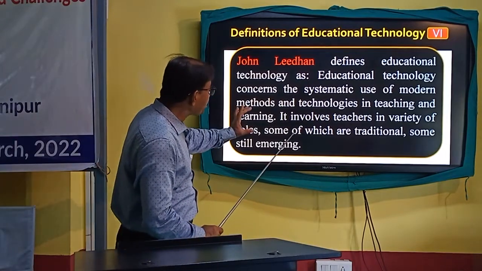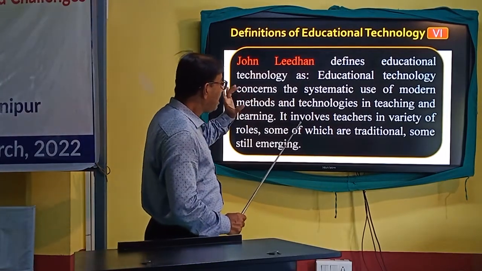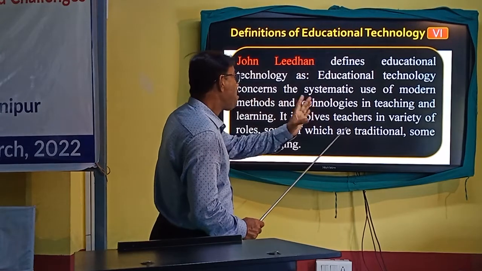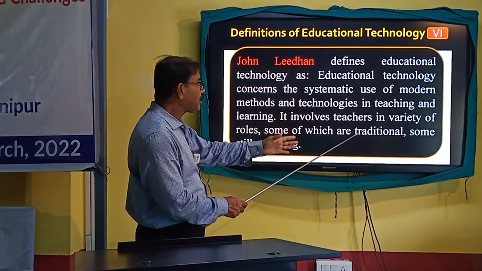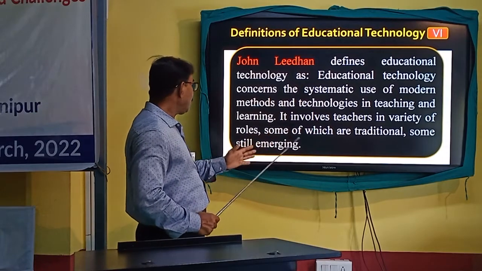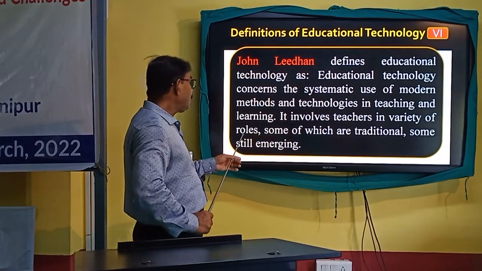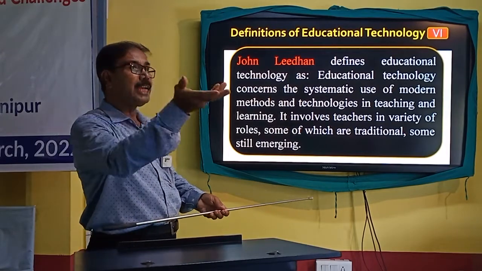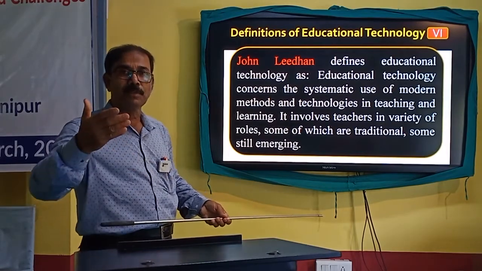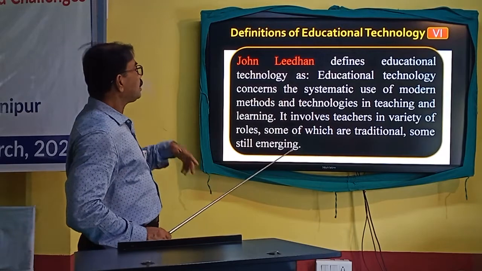It involves teachers in a variety of roles, some of which are traditional, some still emerging or coming up, as per the changing demand of the situation. Let us see the next slide.